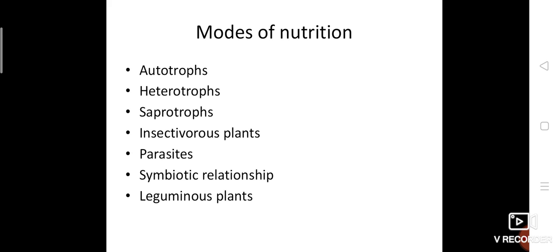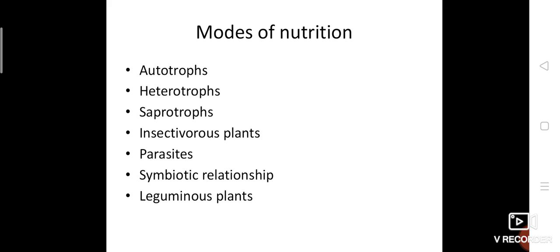So when we talk about modes of nutrition, generally autotrophs and heterotrophs are the main division. Other than that, even though plants are green in color, some plants do not have chlorophyll. See, what do you mean by autotrophs? Auto means self. Trophs means they are producing their food by themselves.